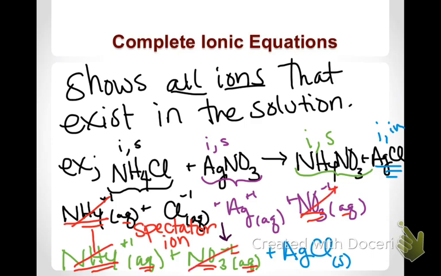We're going to get rid of it completely and rewrite it with just the things that remain. Now this is getting really messy, but what's left and not crossed off is Cl minus 1, Ag plus 1, both aqueous, and then you've got AgCl, which is solid. So let's go on to the next slide and rewrite that.